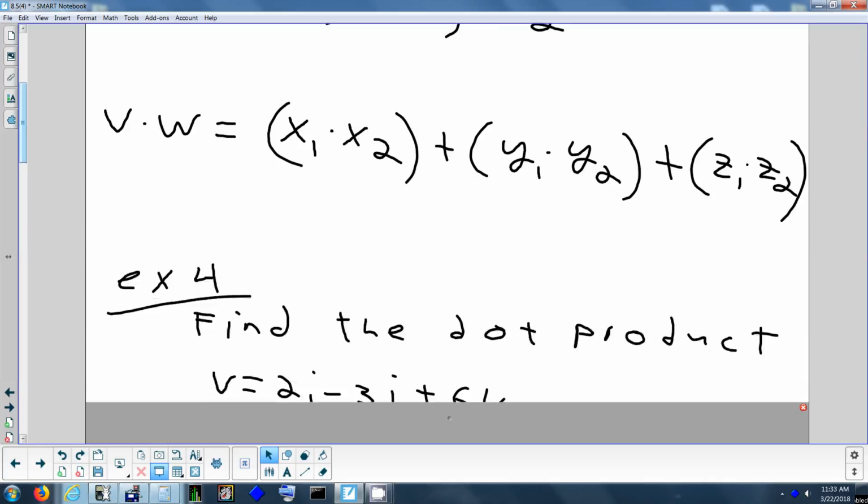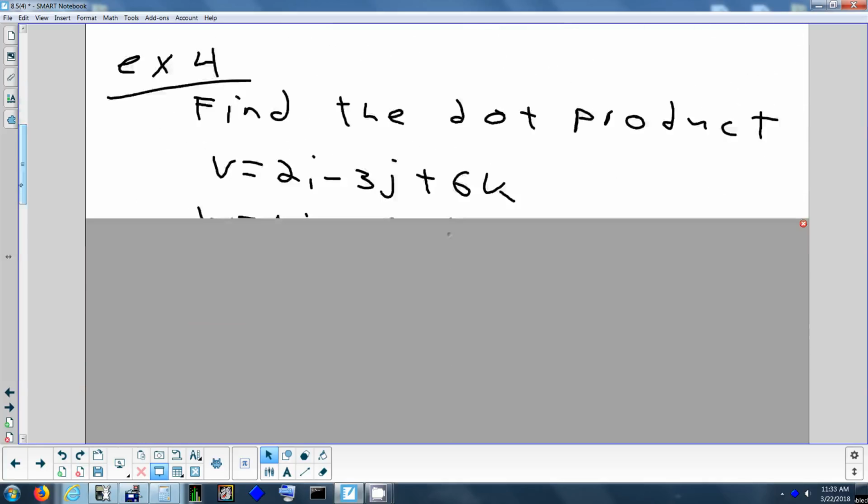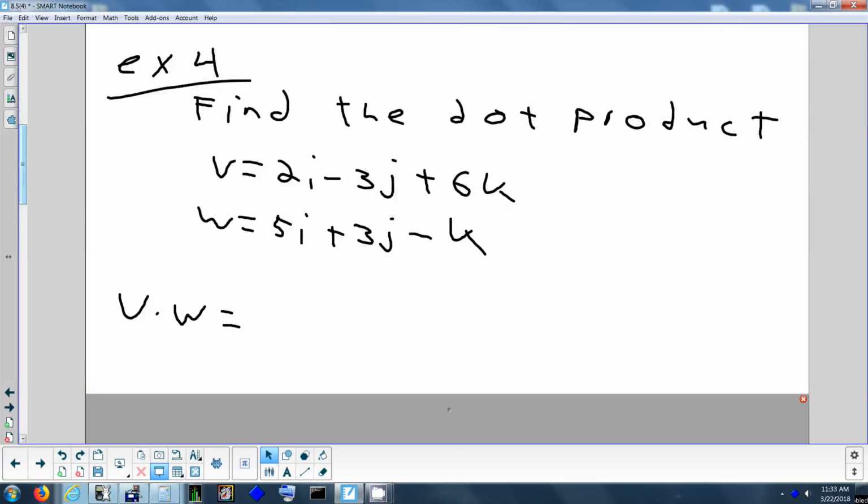But first, let's just practice finding a dot product just by itself. In fact, what I'll do next is I'll take these two vectors and find the angle between them. Since we've already done the dot product in this part, that'll save us time in the next part, if we use the same problem. Okay, so let's find the dot product. So let's just set it up.